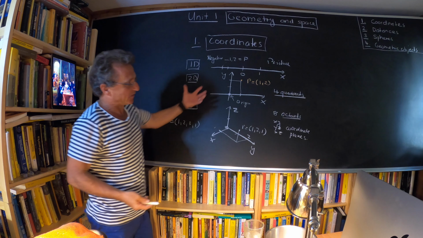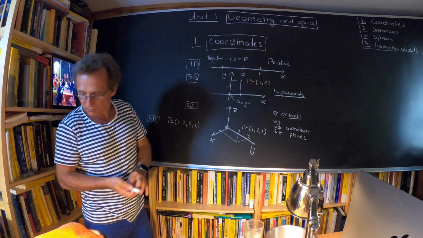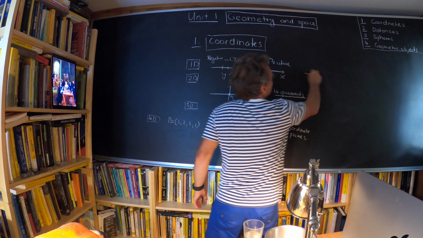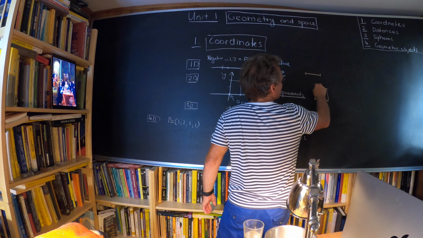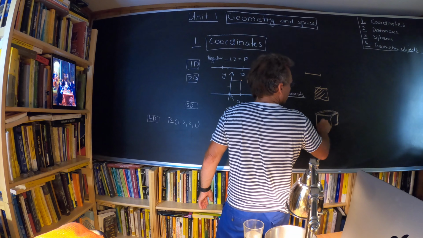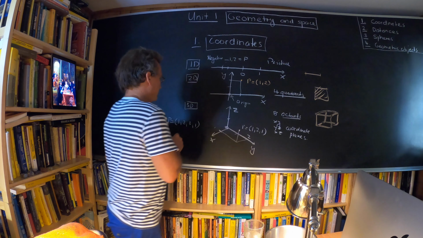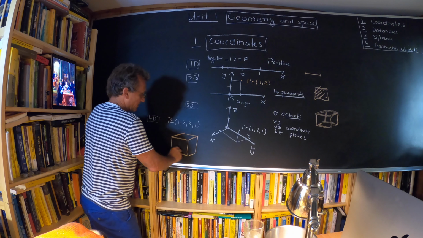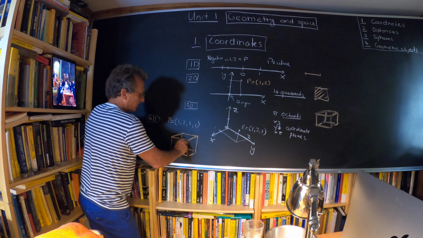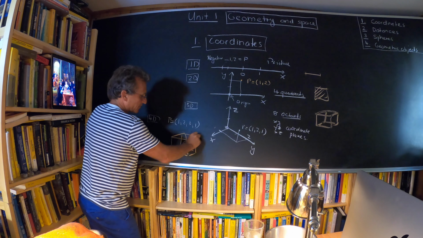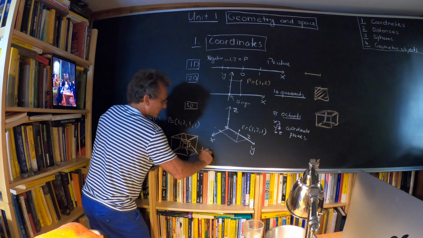And in each of these spaces we can also draw the unit cube. In this case it's a unit square. In this case it's a unit cube. And in 4 dimensions it would be a 4-dimensional cube, which you might have heard is also called a hypercube or tesseract.